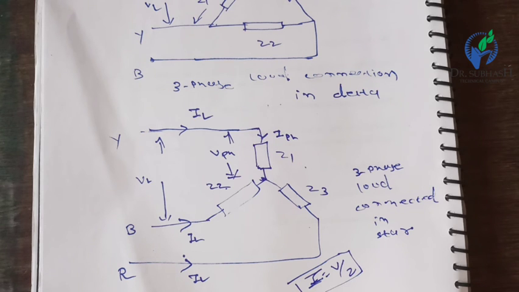Power systems are frequently represented by a single line. The three phase circuit is shown as a one line diagram. This is a one line diagram for the drawing.